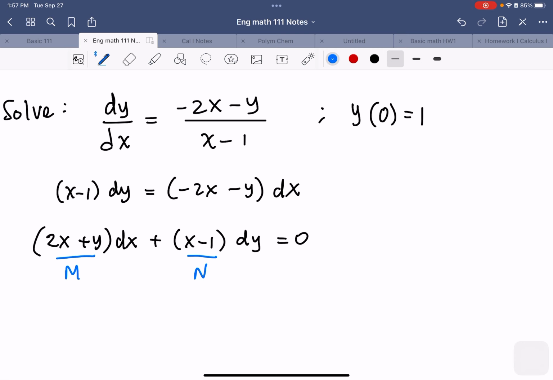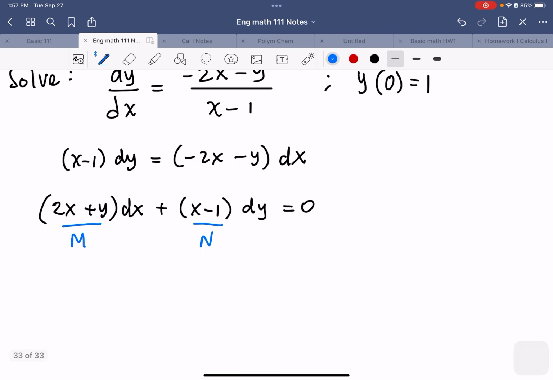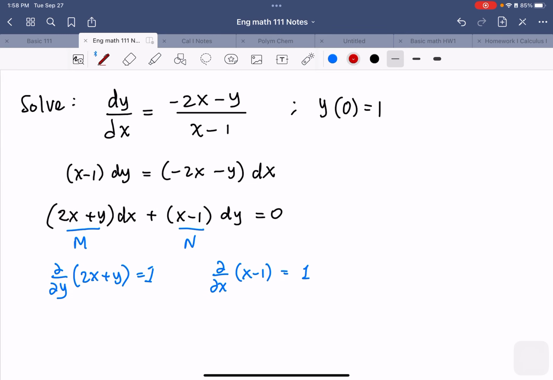This is N, right? So we take the partial y of the 2x plus y. This will be 1. And take the partial x of x minus 1. This is also 1. So from here we got the result that this is an exact equation.